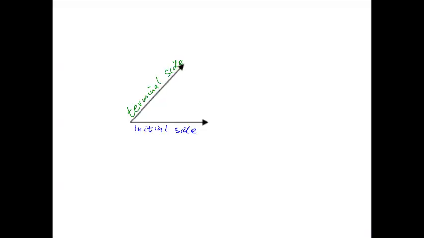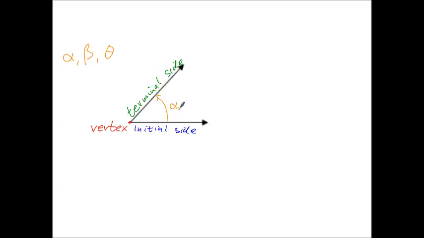And where they meet, we have the vertex. And that way we create an angle, and we use Greek letters usually to name those angles. The Greek letters that we use the most are alpha, beta, and theta. And this angle we'll call alpha.